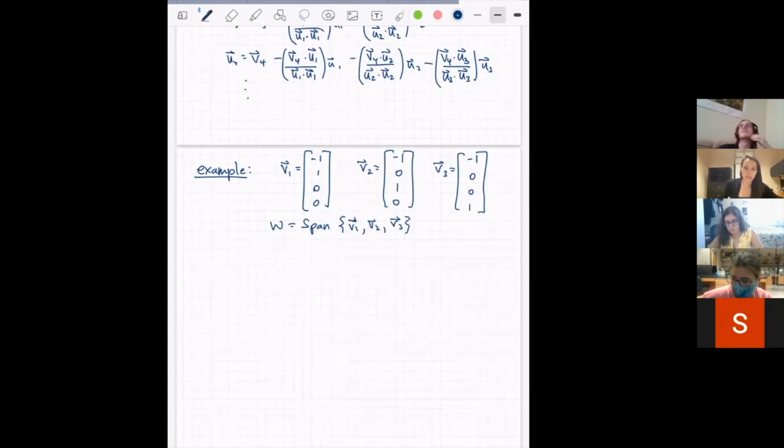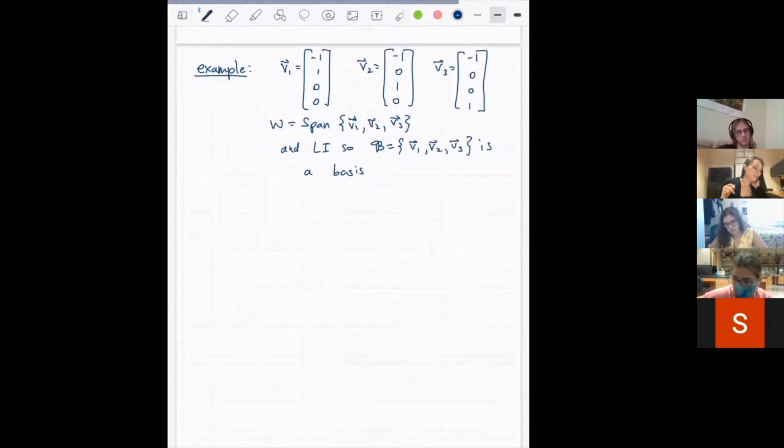So this will be a basis, right? Okay, so let's form an orthogonal basis using Gram-Schmidt.